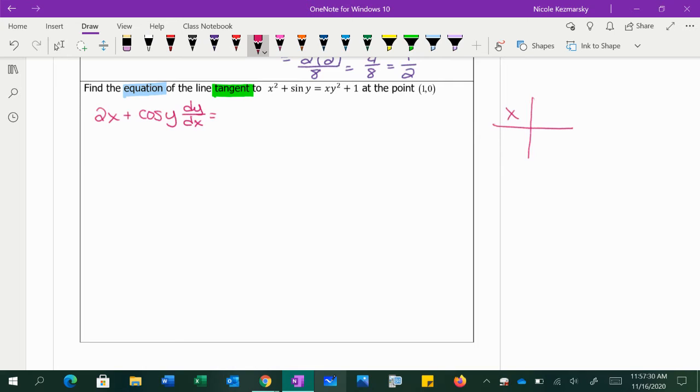So let me draw a box and say xy squared. And that's going to be 1 and 2y dy dx. So that's going to give us y squared, 1 times y squared, plus x times 2y dy dx.